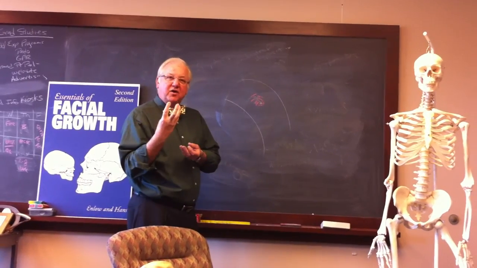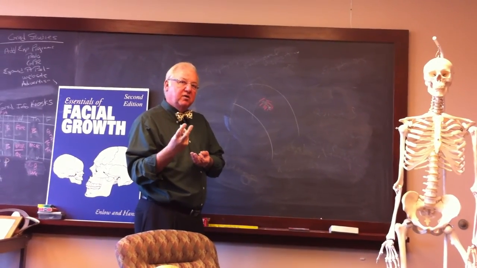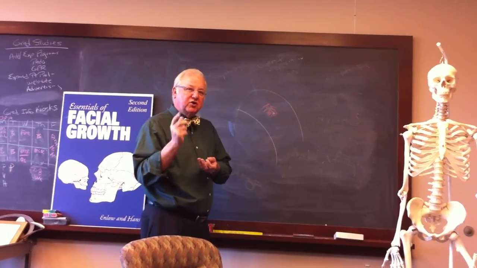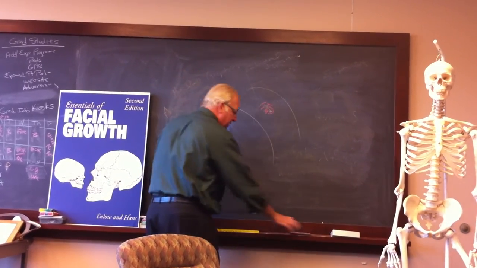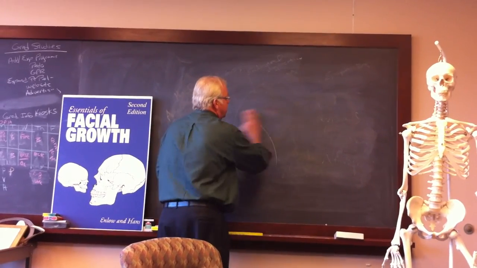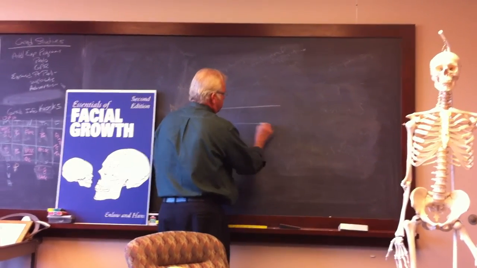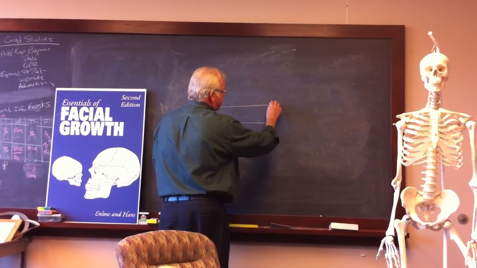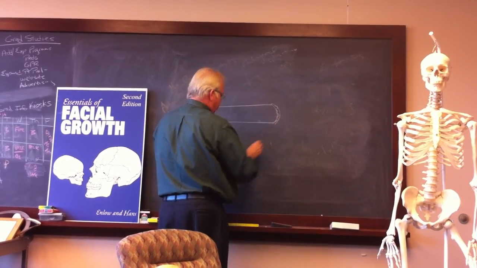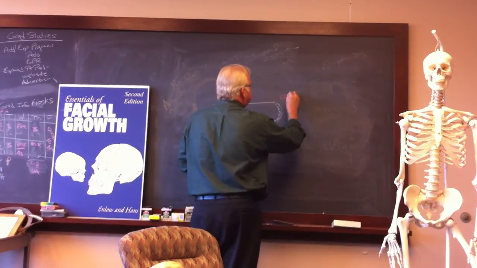Well, the cutting and filling cone is like a rotor-rooter for bone. It's a very small structure. You'll see it diagrammed in the book. But think about it like this. It's a tubular structure. And on the very end, it has osteoclasts.